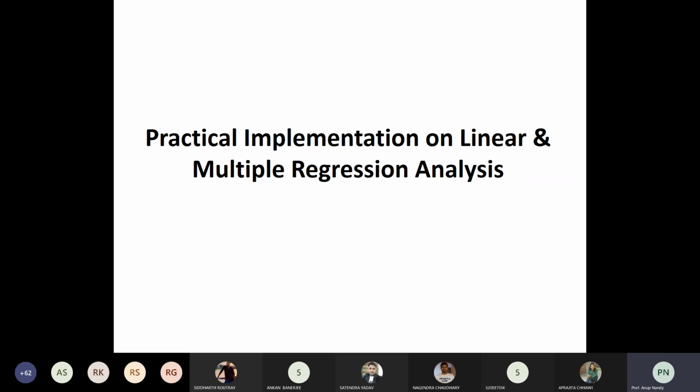Yes, sir. Okay. So now this is single variable regression analysis, because you have one independent variable. If you have more than one independent variable, then you have multiple regression analysis.